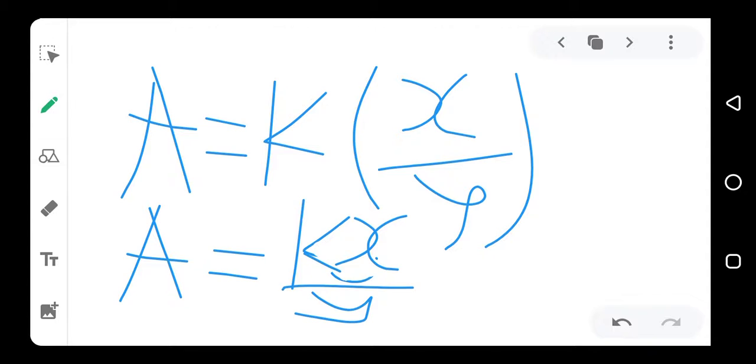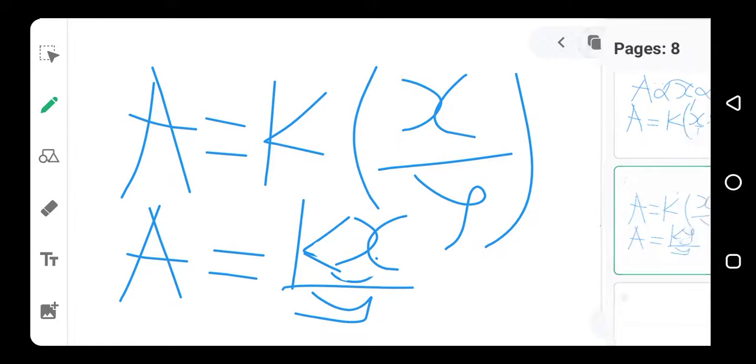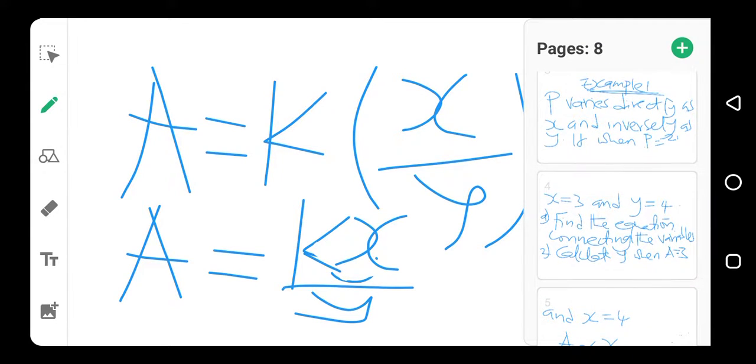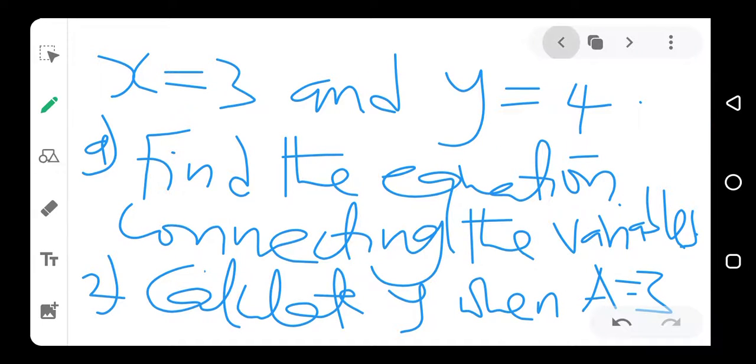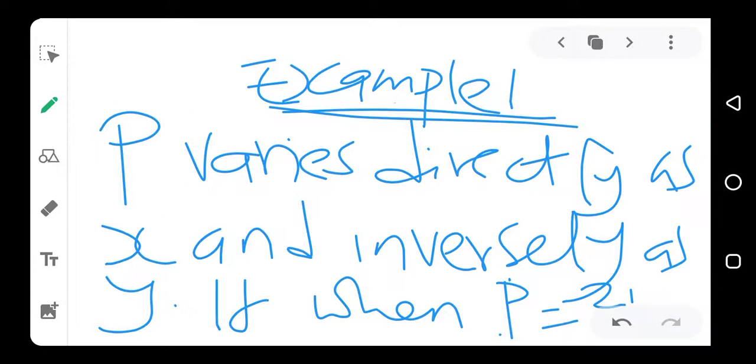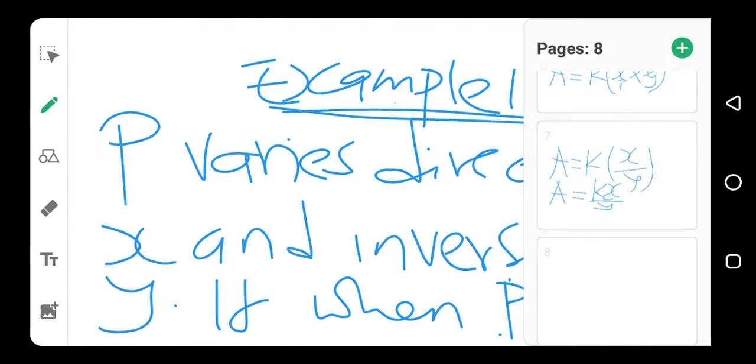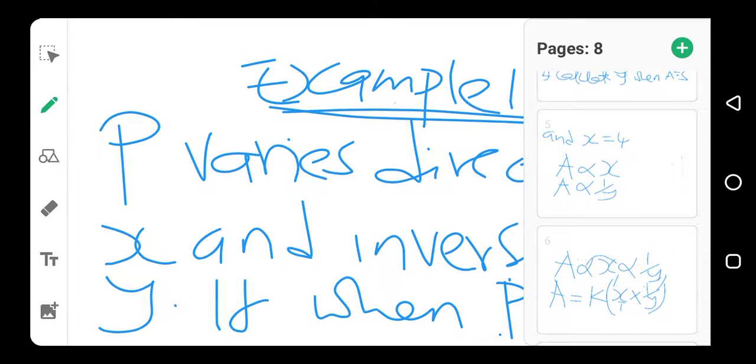Now to look for the constants, we come to this place and substitute those values given to us. The first A, we know the value of A. We actually have that P varies as, but we have been using A, so we can just change it to A in the equation.